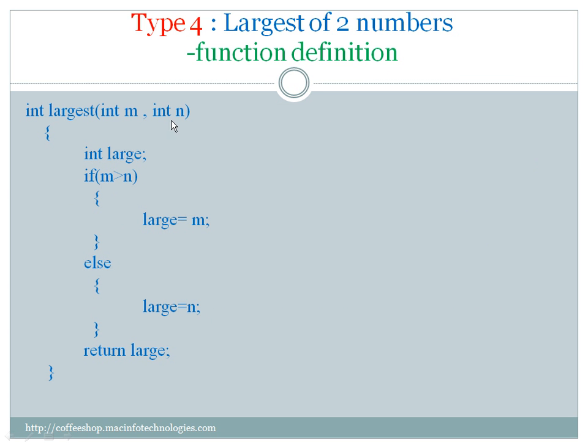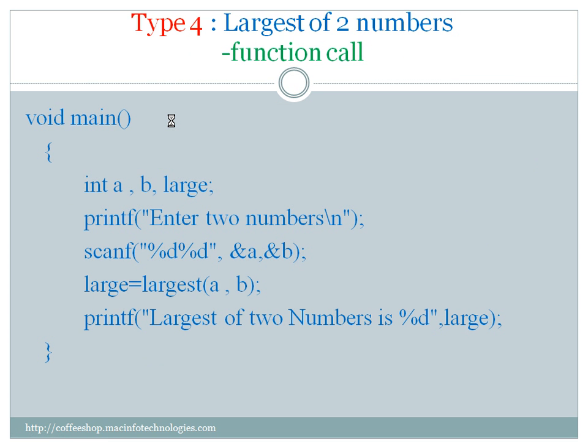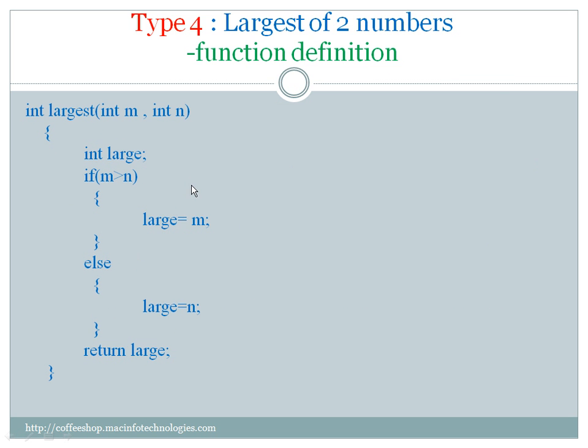So here m receives 1 and n receives 2. Then the largest function calculates the largest of 2 values and returns it, and we can catch it in a variable called large and print it. Here you can see this large variable in the function and this large variable in main are different. These two are different variables.